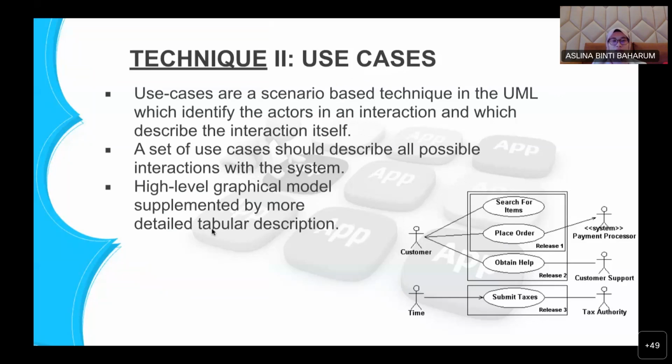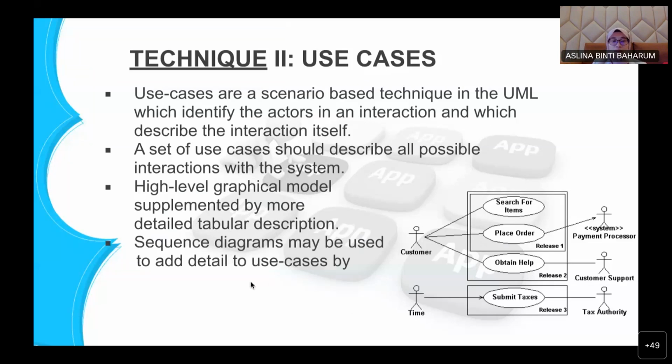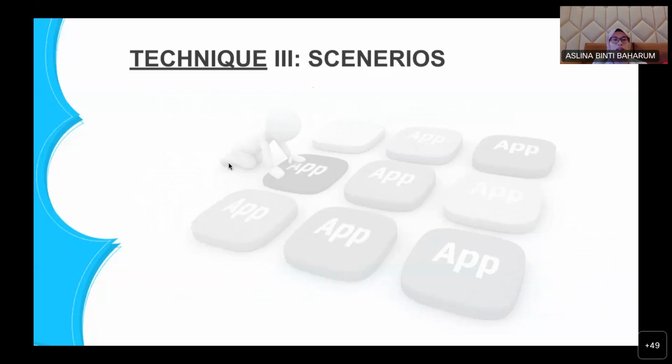It is a high-level graphical model supplemented by a more detailed tabular description, which comes together with the UML. This is the description in table form, called the use case table. So this one is followed by the table. A sequence diagram may be used, and we also have an activity diagram. We will do this in the tutorial session as well.